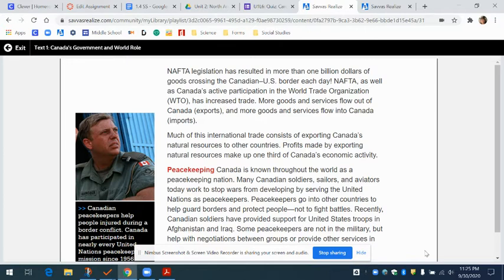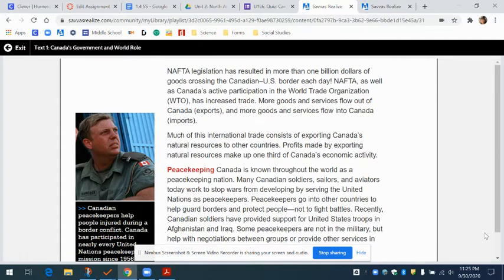More goods and services flow out of Canada, exports, and more goods and services flow into Canada, imports. Much of this international trade consists of exporting Canada's natural resources to other countries. Profits made by exporting natural resources make up 1/3 of Canada's economic activity.